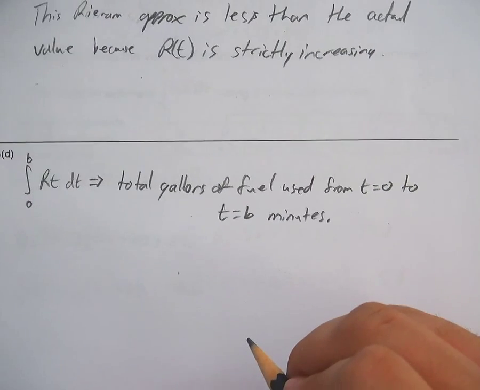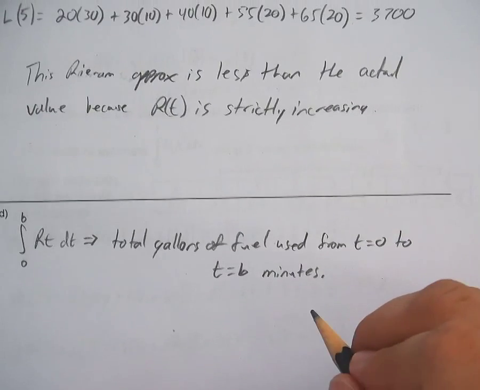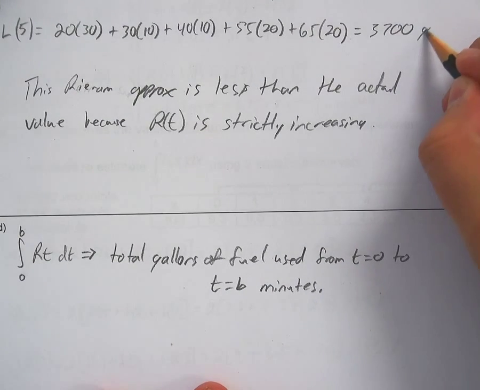So back up here on part C, where I have my 3,700, what this is talking about is gallons of fuel.